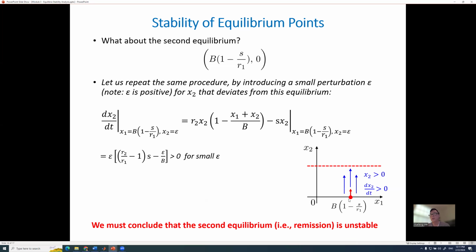In remission, you think the cancer cells are killed, but if a little bit of cancer cells remains, it will move away from this equilibrium. That's why cancer therapy is hard, because remission is not a stable equilibrium.